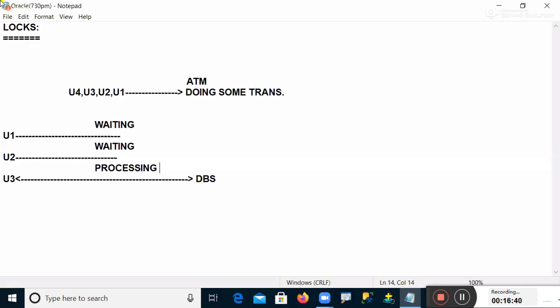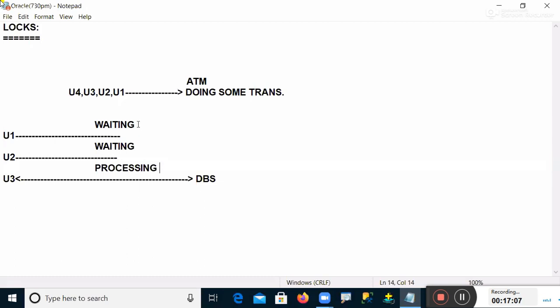Understand my point now? But how are these user requests kept in waiting position? How are your database servers keeping user requests under waiting position? With the help of locks.